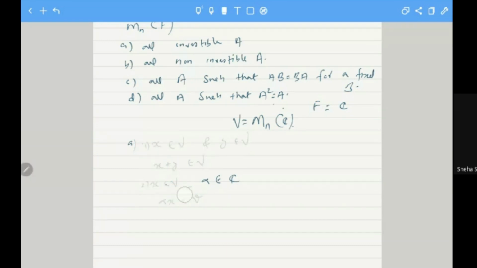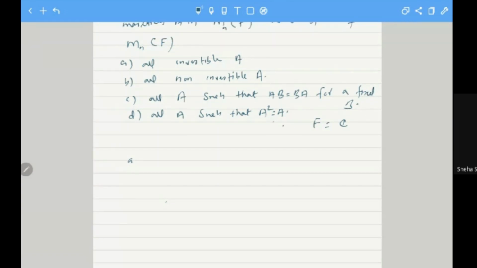So here the first option is considering all invertible matrices. This is not going to be a subspace, right? Clearly, because the null matrix does not belong to that set. You can consider X as just the matrix with rows 1 0 and 0 1, and Y as minus 1 and minus 1 on the diagonal.